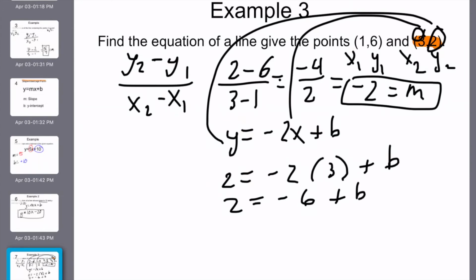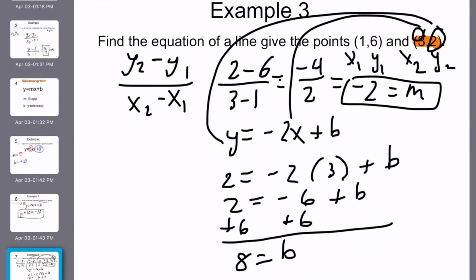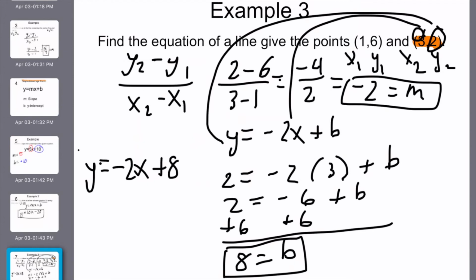I'm trying to solve for b, so I need to add 6 now, and I get 8 equals b. So I know what my m is, and I know what my b is. So this is y equals negative 2x plus 8. And that is going to be my final answer.